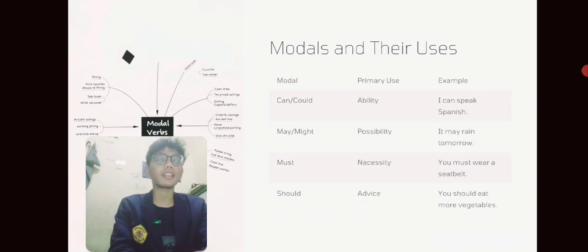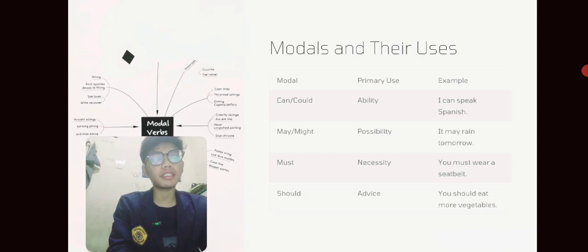Modals and their uses. This slide summarizes the primary use of each modal verb with examples. For ability, we can use can or could, like I can speak Spanish. For possibility, may or might work, as in it may rain tomorrow.